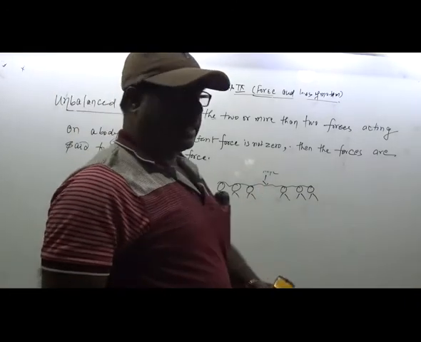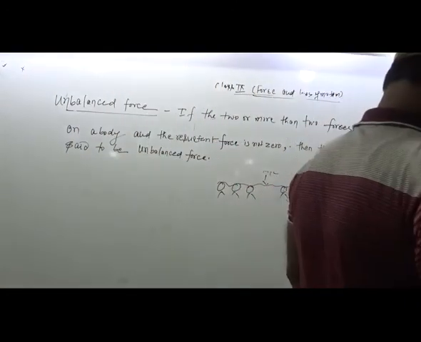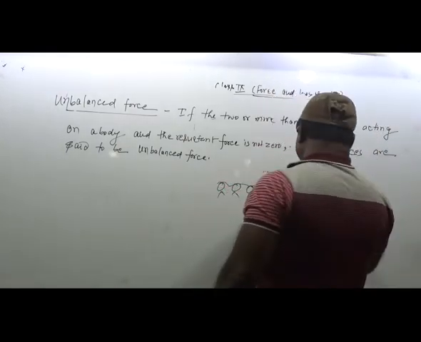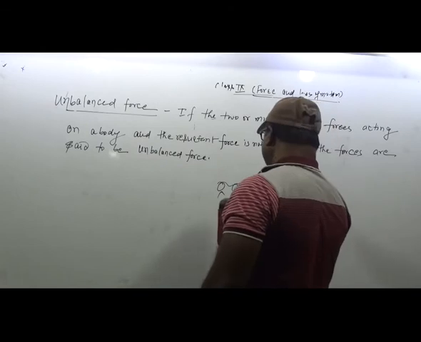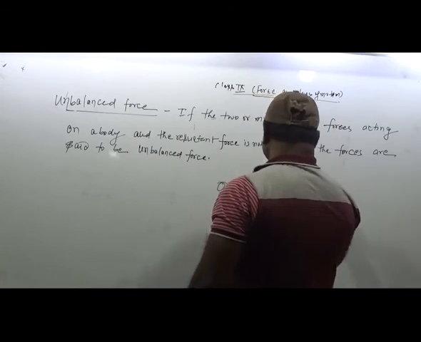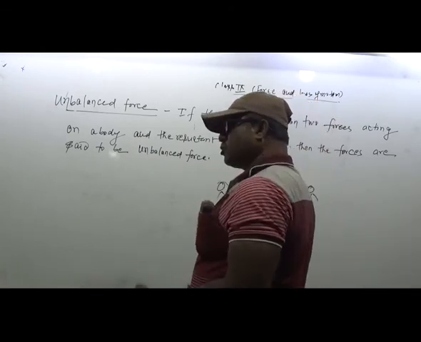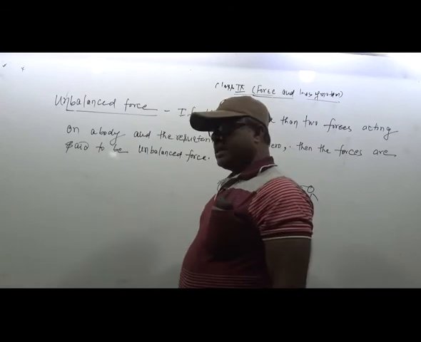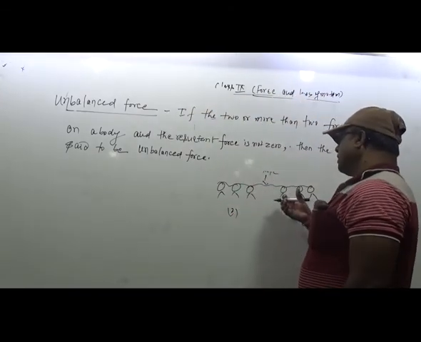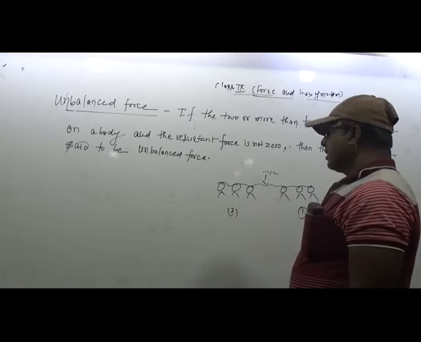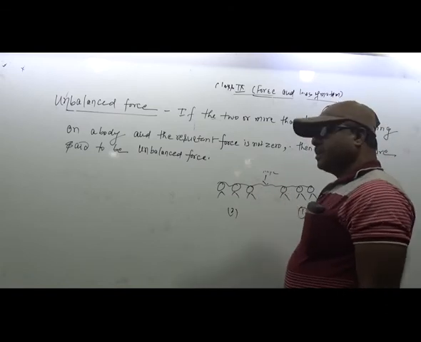Suppose, once again take the example here. There are two parties, left and right. Suppose any one of them is stronger and they pull the group in their own direction. Then there is a shift.